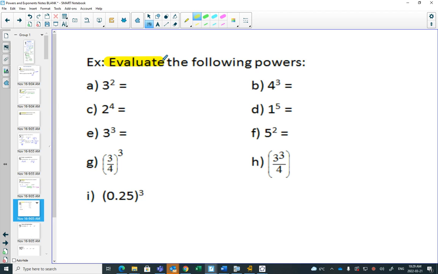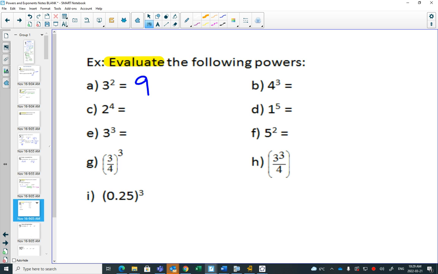So evaluate means come up with an answer, a numerical answer. So what is the actual answer to 3 squared? It's 9. That would be evaluating. We came up with a simplified final answer for it.